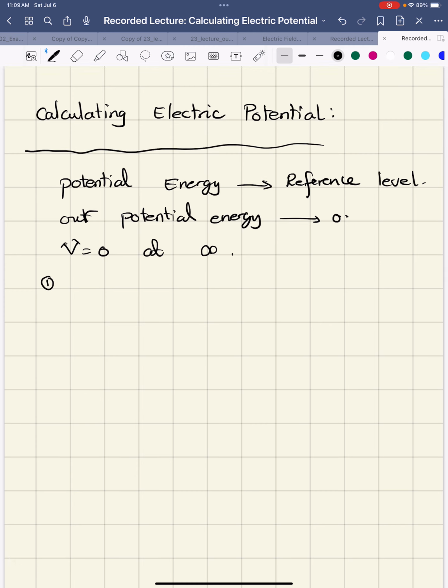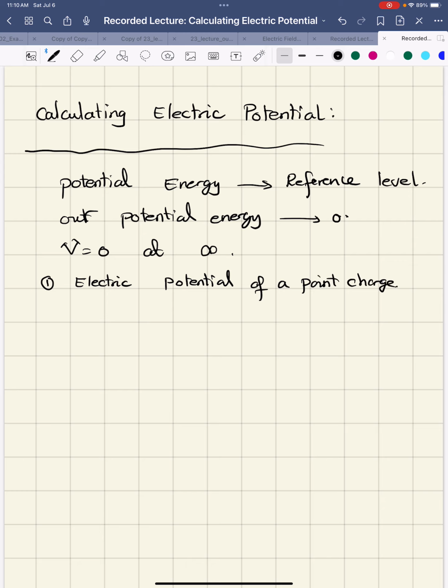Now, in order to calculate electric potential, I will say there are four main methods. The first one we call electric potential of a point charge.